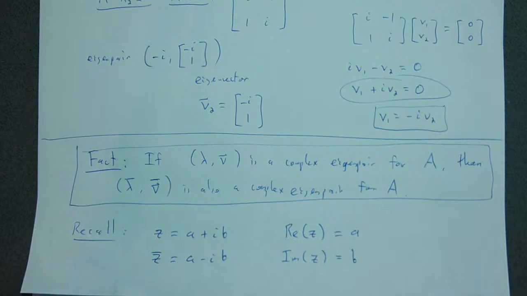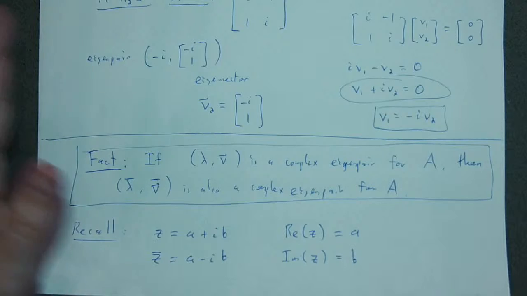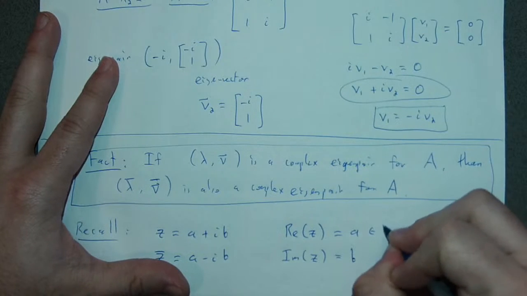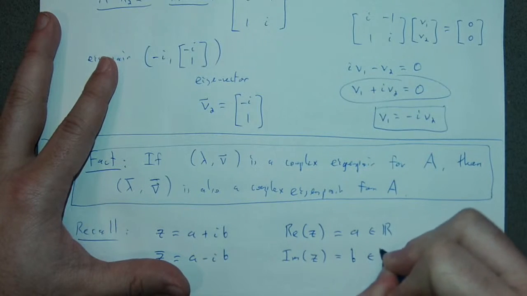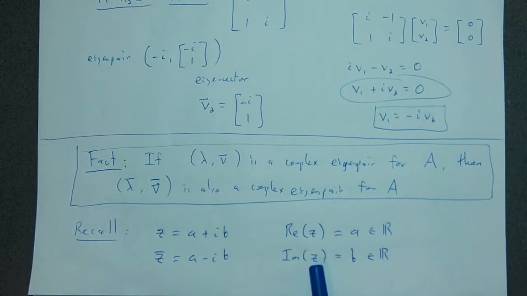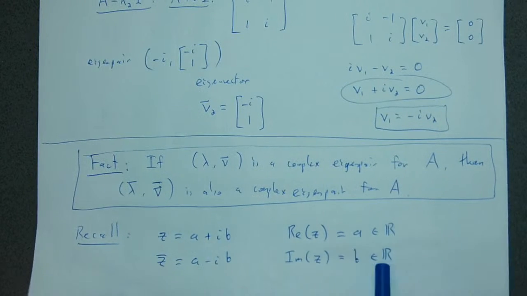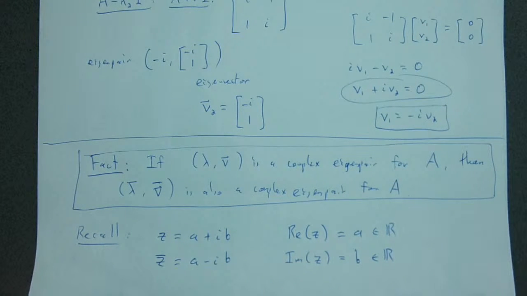And I want you to notice, this is a thing that always trips up students: both of these are real numbers. Just to repeat it, the imaginary part of a complex number is real. That's actually the entire point. All you're doing is picking out the real numbers that define that complex number z. So both the real and imaginary parts are real numbers.